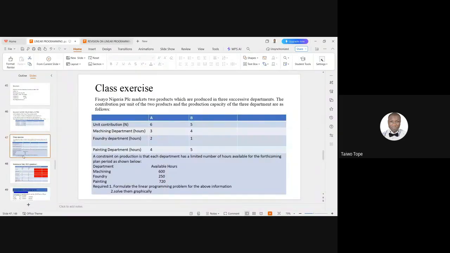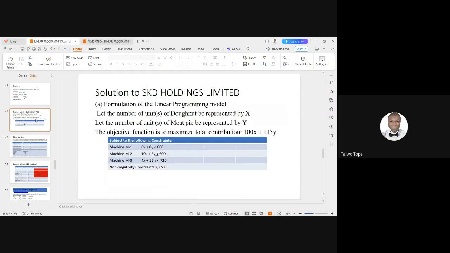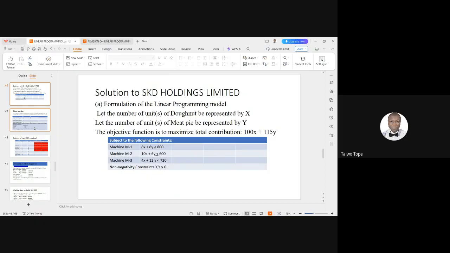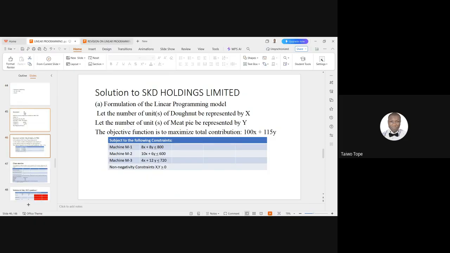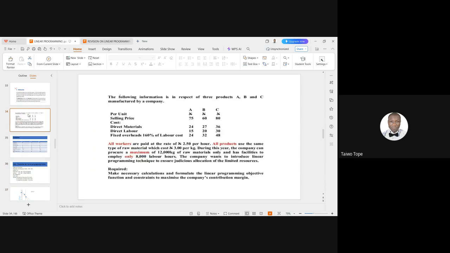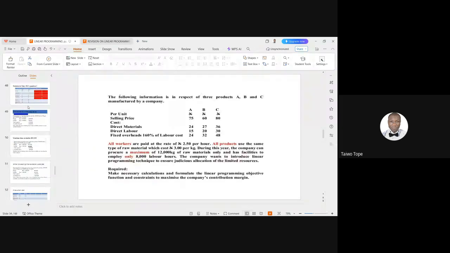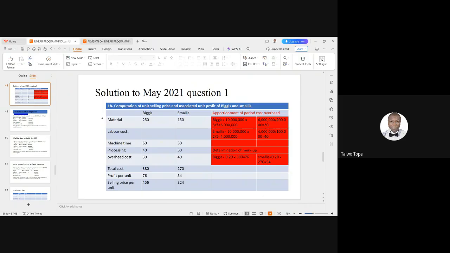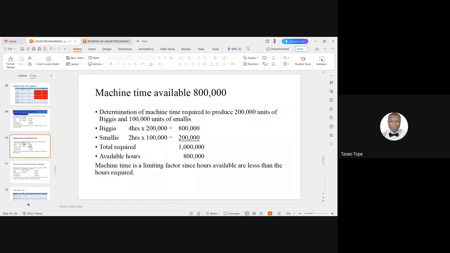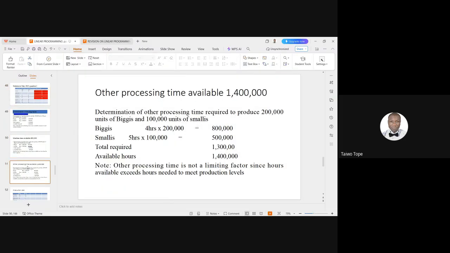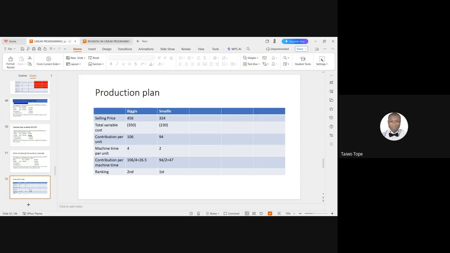There is a question I solved during one of the revision classes that requires that. SKD Holdings is also a question in the Pathfinder. Also the solution to May 2021 question 1, Biggies and Smallies, involves shadow price.